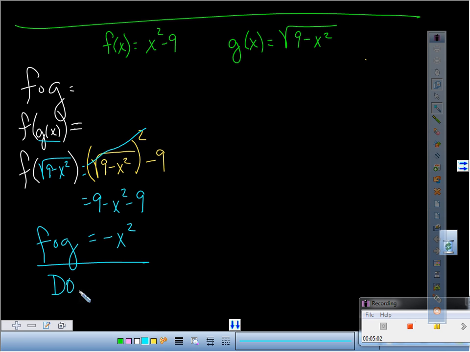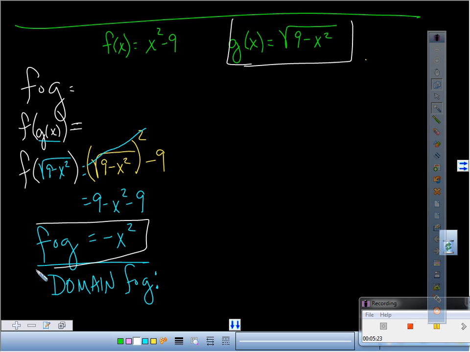Now, I want you to tell me what the domain of f composite g is. When I talk about its domain, who do I have to take into consideration? Okay, the second function, which is this one right here, and the composite function, which is this one right here. I have to take these two things into consideration. So, this one right here, did we just have a test on this?